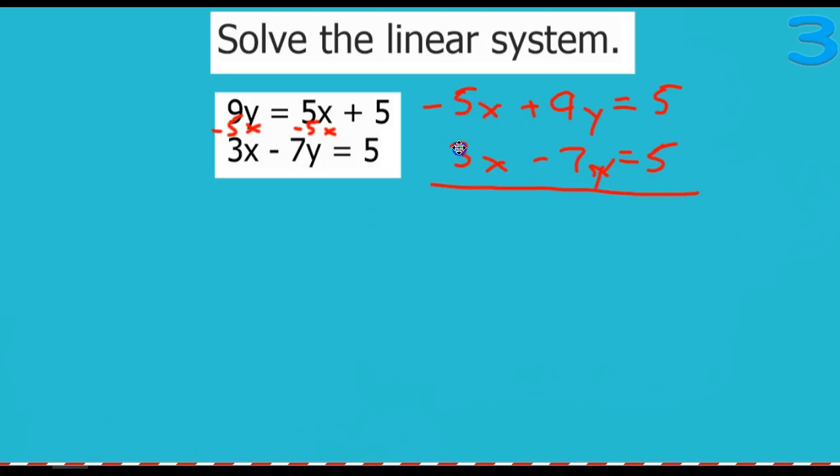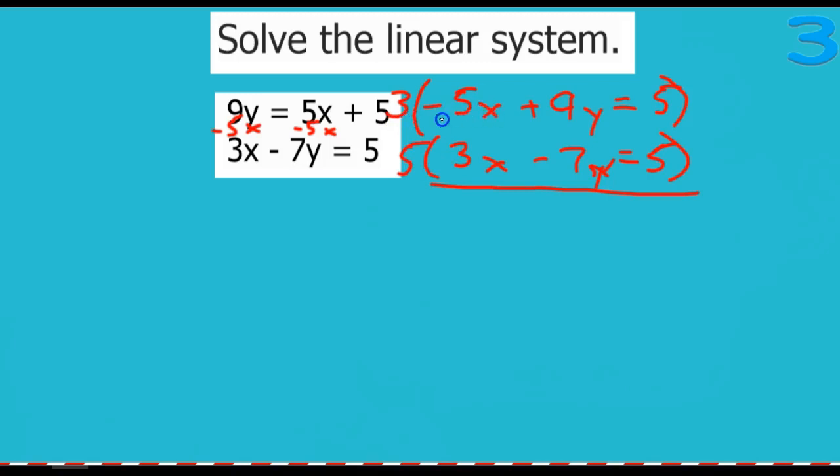Now I see that 5 and 3 are the smaller numbers, and I know that 5 times 3 would give me 15. One is negative and one is positive. So what I'm going to try to do is get to 15x for both of my equations. So how I'm going to do that is I'm going to multiply the top equation by 3 and I'm going to multiply the bottom equation by 5.